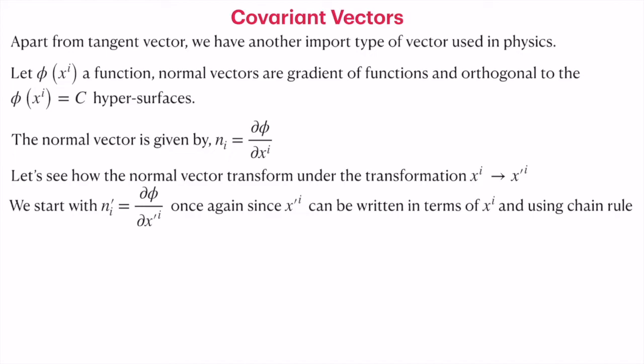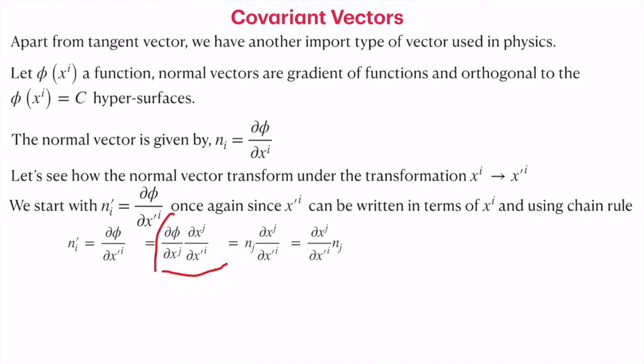Now we make a coordinate transformation as we have done earlier, because x prime i can be written in terms of x i, and again we use the chain rule: n prime i equal to d phi by dx prime i, which can be written as d phi by dx j into dx j by dx prime i. So this is basically the chain rule.